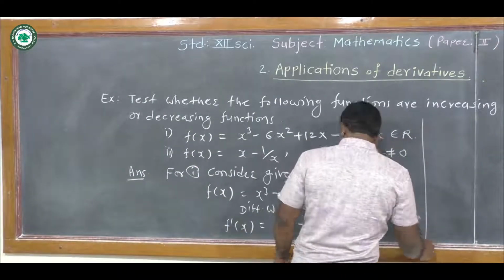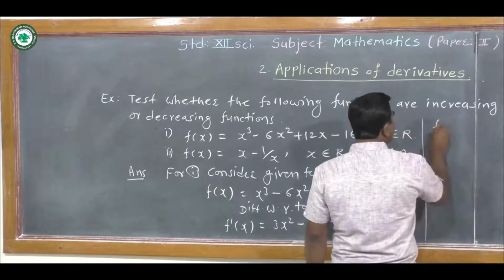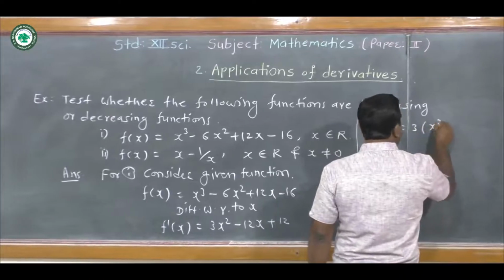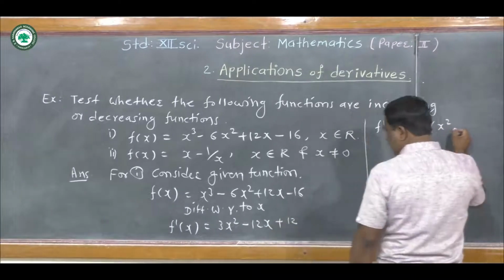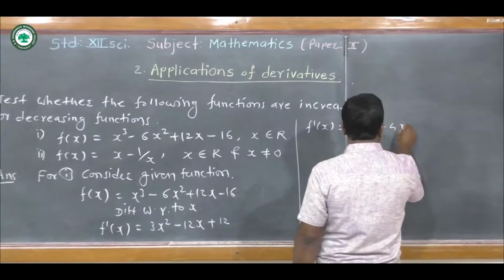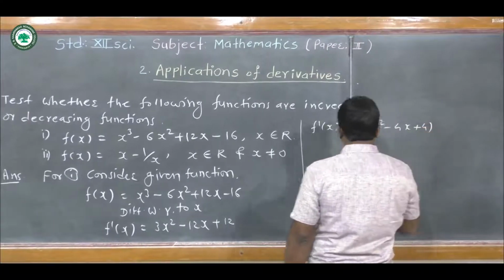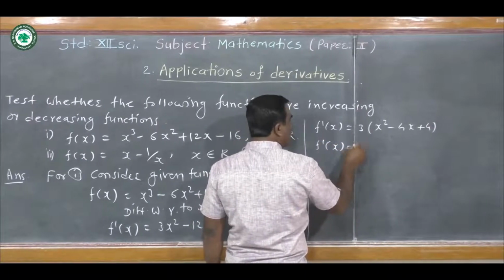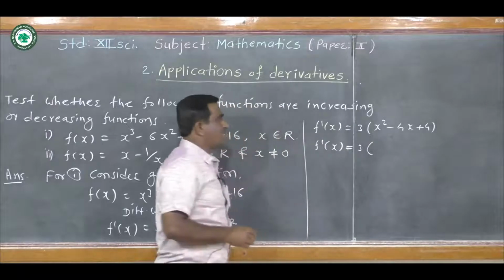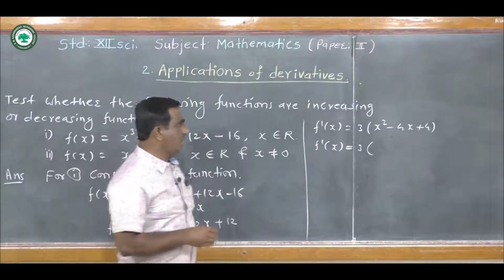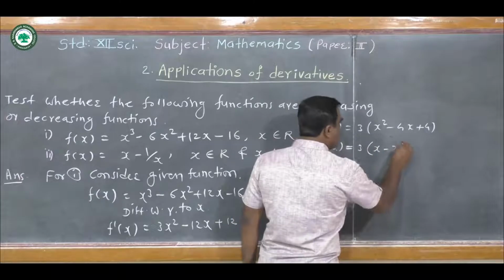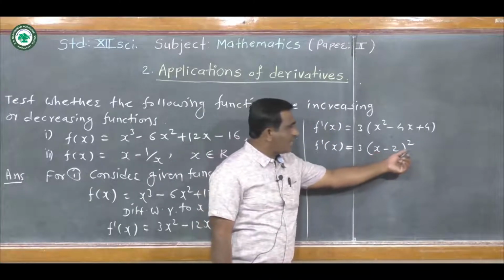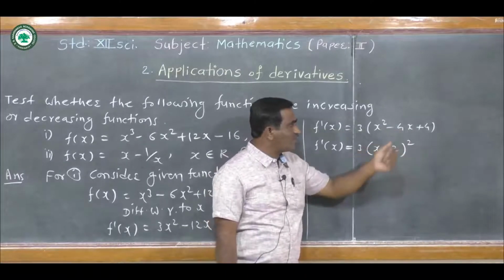Now we can take 3 common. That is, f dash of x equal to 3 into bracket x square minus 4x plus 4, and we can write this bracket as x minus 2 bracket square. If we expand x minus 2 bracket square, we get x square minus 4x plus 4.